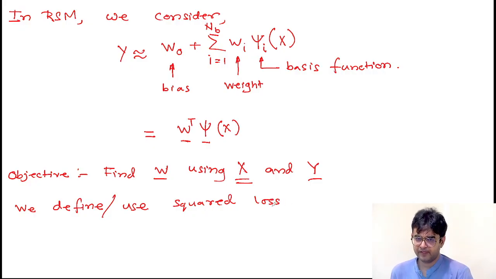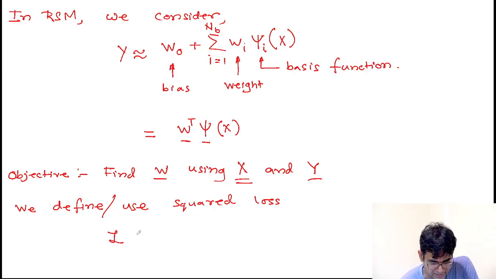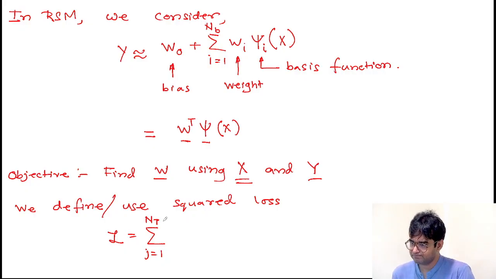right? And if I use squared loss, my loss function will be L is equal to summation j is equal to 1 to NT. These are the number of samples I have.